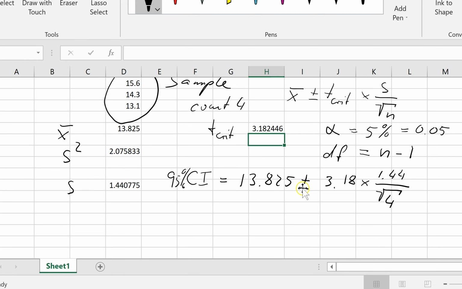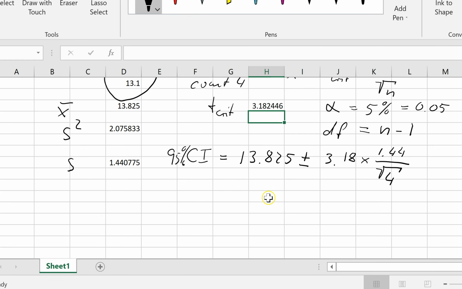And since we've got Excel here, we just simply do this calculation. We calculate our margin of error. And remember, the margin of error is this part here.